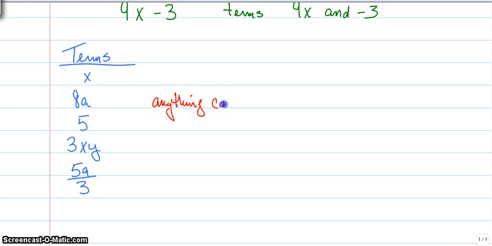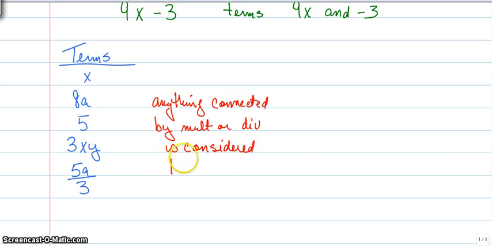Anything connected by multiplication or division is considered one term. And our terms are always going to be separated by addition or subtraction signs.